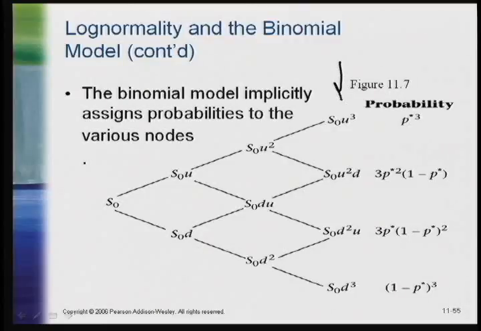This is the distribution that becomes log normal. If I fix this time point capital T, and this time point 0, and I take that interval of time and break it up into more and more steps, the distribution of prices I get at time capital T will become log normal. This is another way of looking at that same idea.